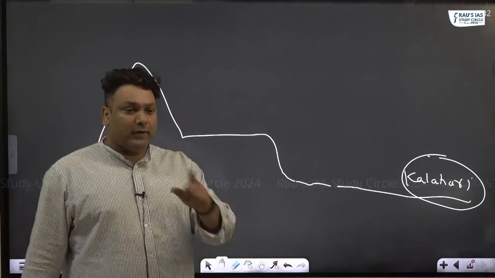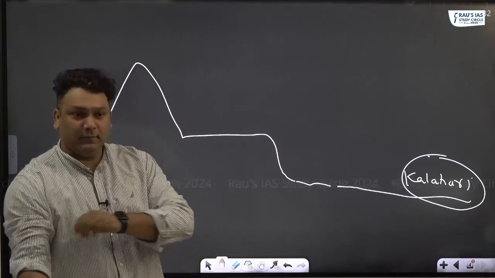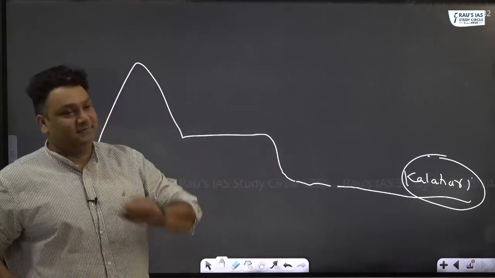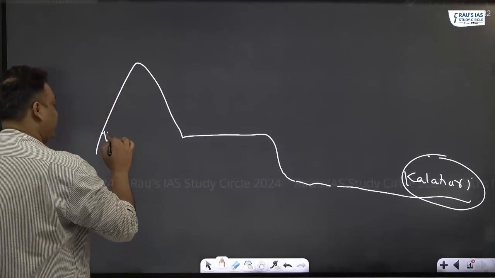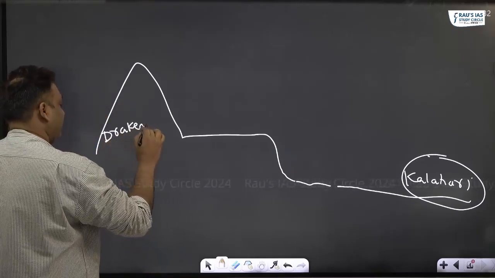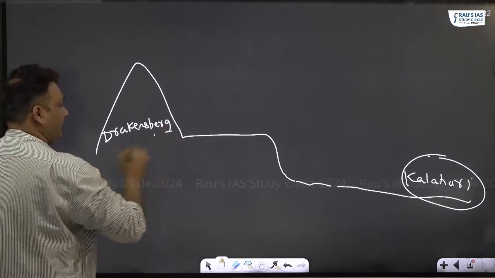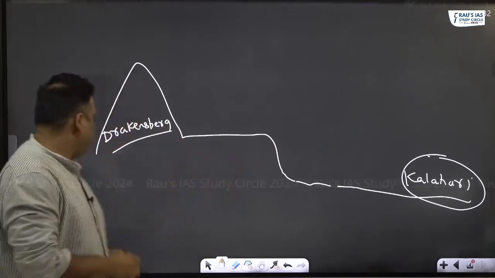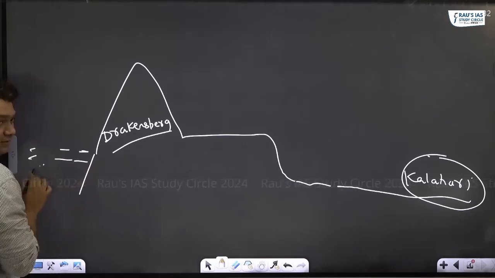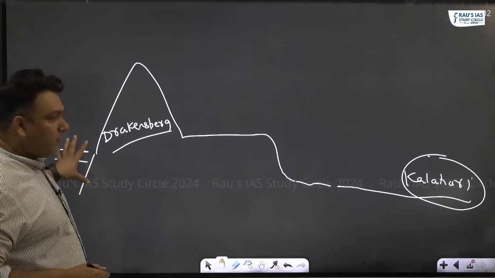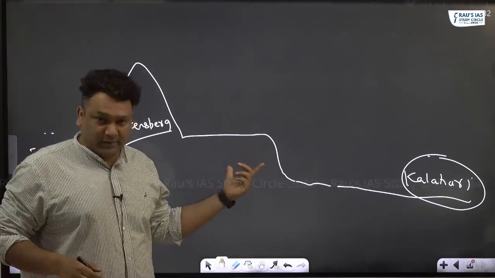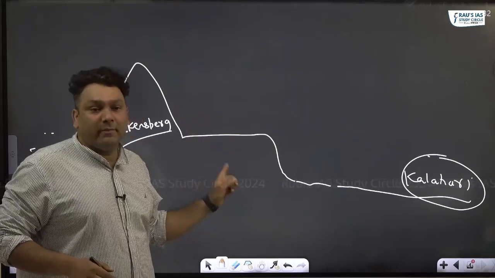I guess I told you in your class why the name Kalahari has come. Now, which mountain is this? Drakensberg. And on the ocean side, here you have the ocean. Here you will have a platform formation because of the accumulation of the debris.